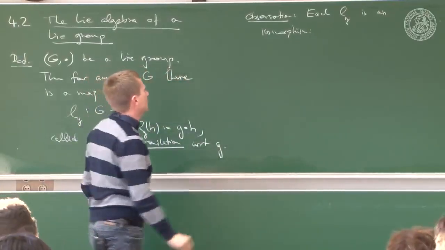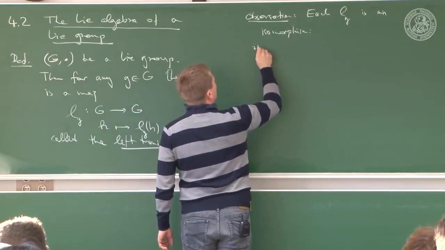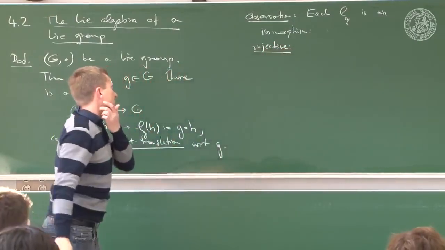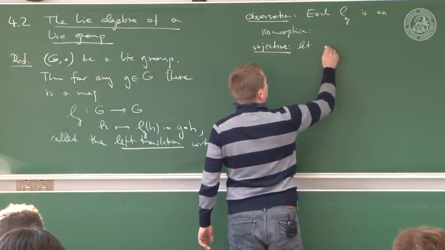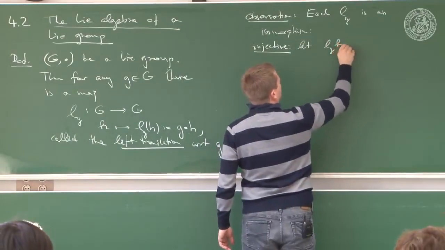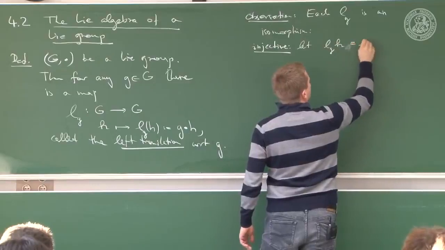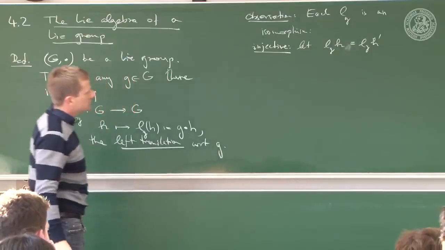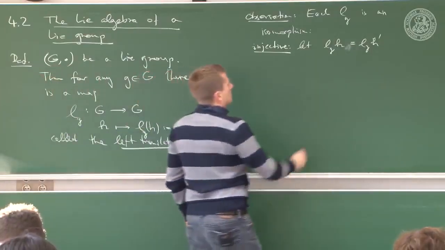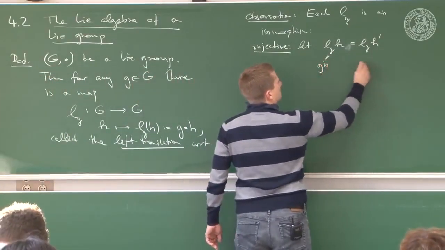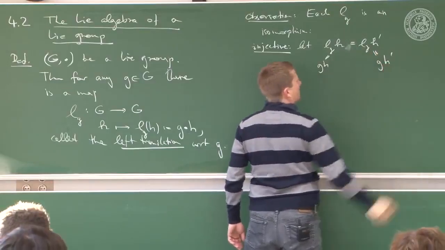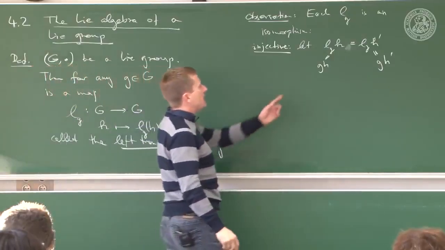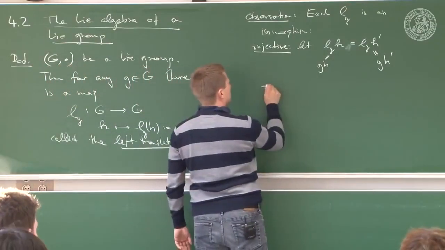So why is this? Well, it's certainly injective. Why is that, or how do we check this? Well, let this LG act on an H and assume the result is the same as if it acted on H prime. Now, this, of course, is GH, and this here is GH prime. Now, because capital G is a group, for every element there exists an inverse.